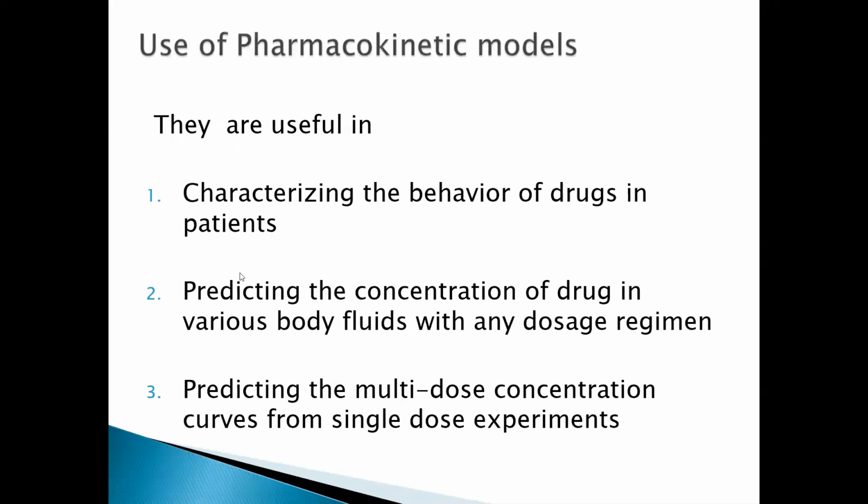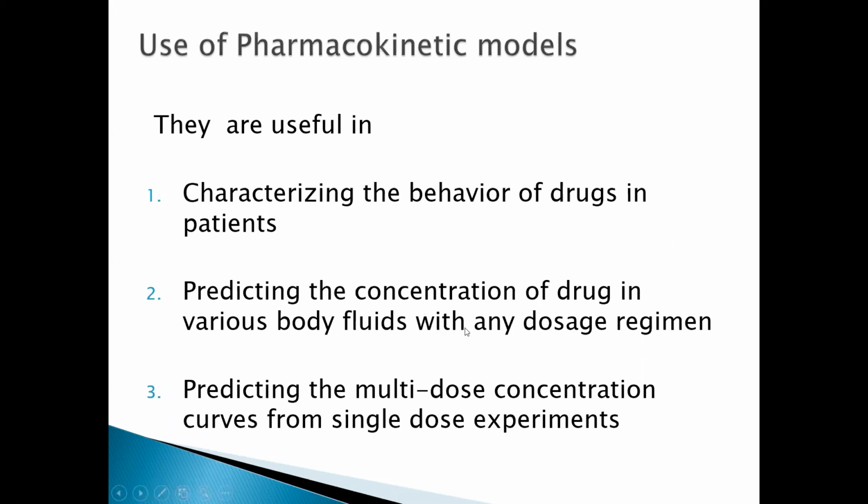So pharmacokinetic models are useful in characterizing the behavior of drugs in patients, and predicting the concentration of drug in various body fluids with any dosage regimen. You know, when you go to a doctor, they give you a dosage regimen, maybe 1-0-1. That means take the drug once in the morning, then once at night, like that, TID, BID. There will be a dosage regimen for whatever drug is prescribed.